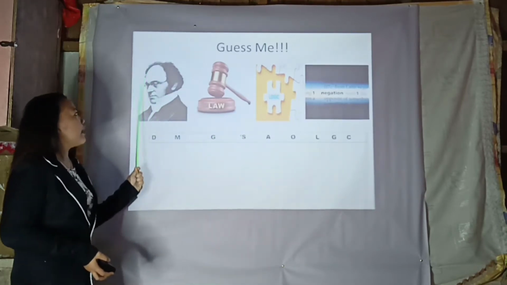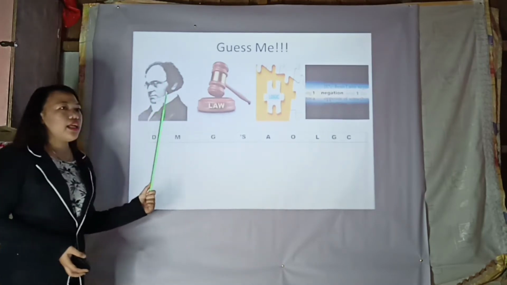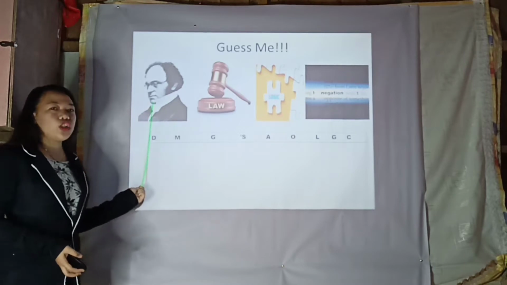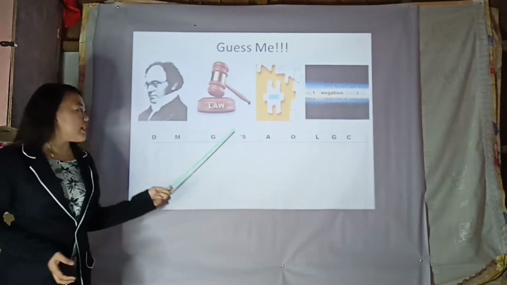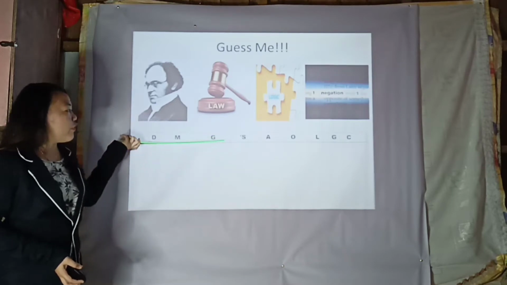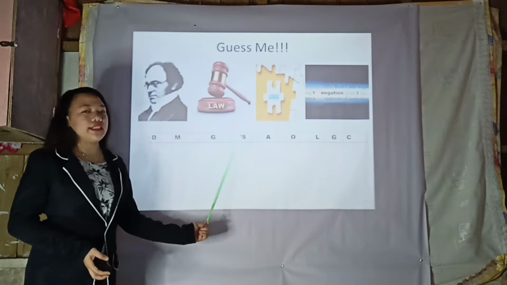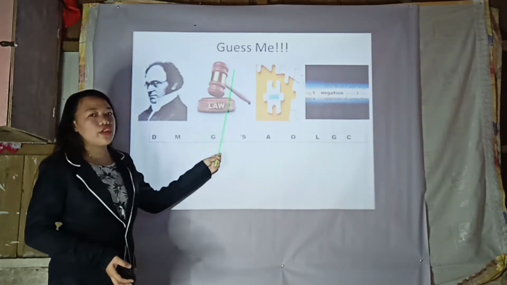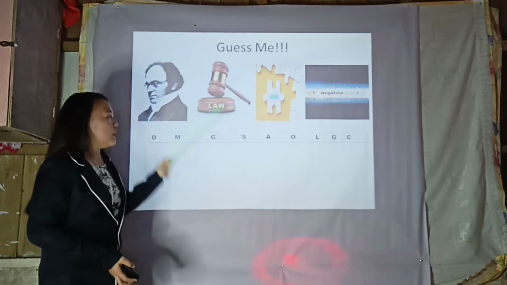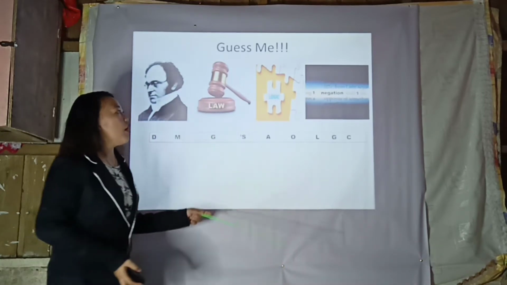So this picture is Augustus de Morgan, which gives the two words, De Morgan's. Next, this picture is about law, so the third word will be law.